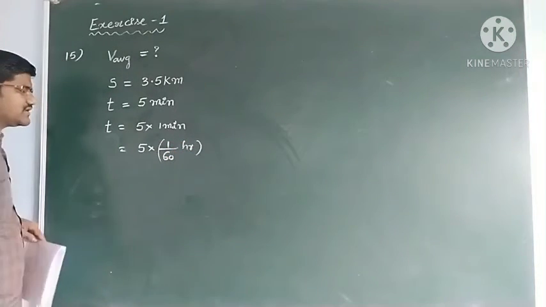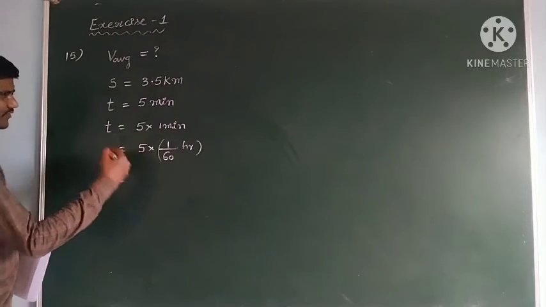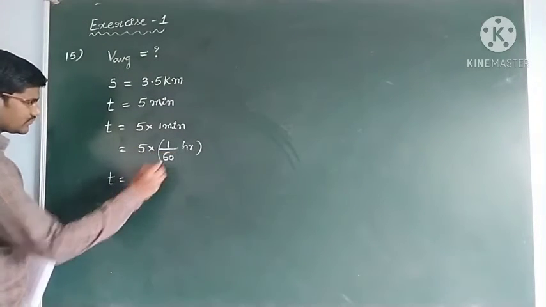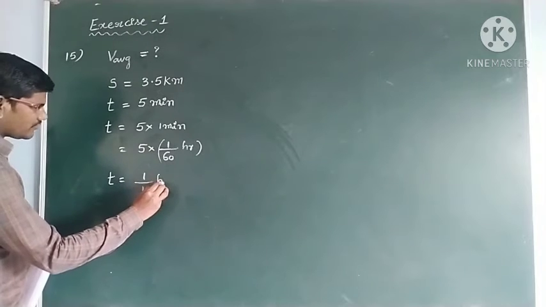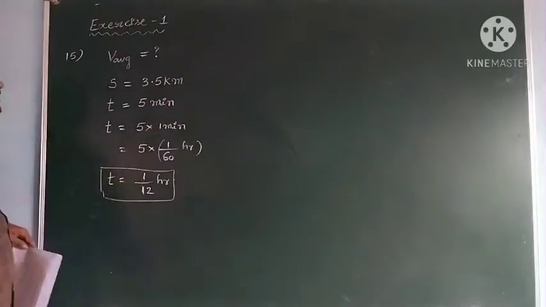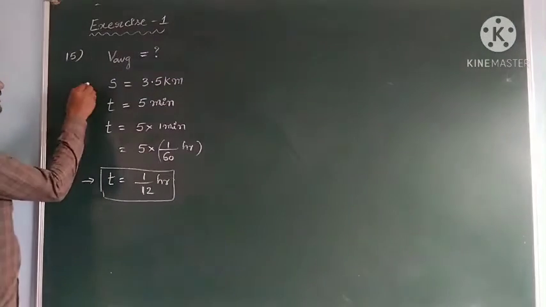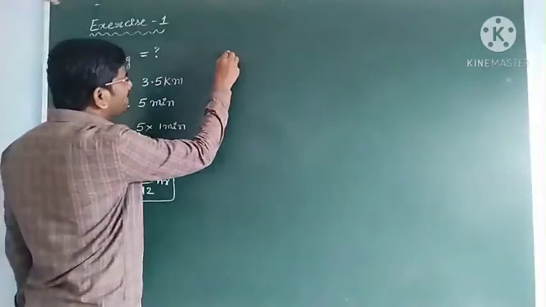Okay students, then the time value will become 5 by 60, that is 1 by 12th of the hour. Time t is equal to 1 by 12th of the hour. So we have the time in hours and distance in kilometers. We want to find average speed.